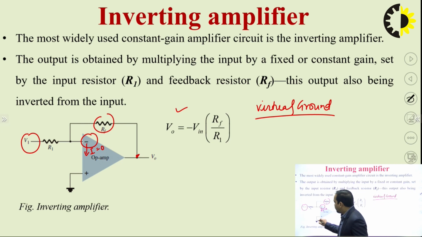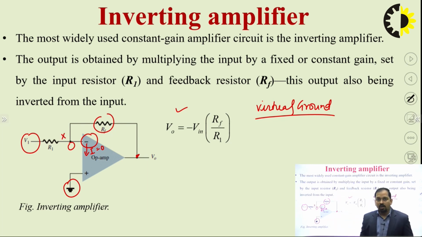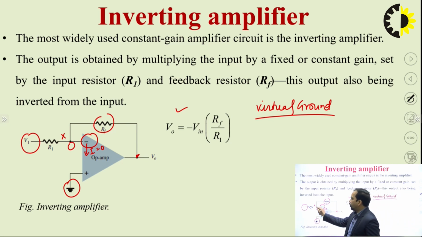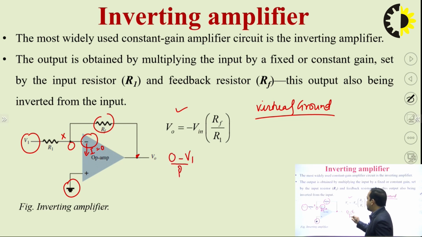So if this is connected to ground, we can say that using virtual ground, the potential at X is also 0. After that, if we apply KCL at this particular node X, we have (0 minus V1) divided by R1 plus (0 minus V0) divided by RF, and we have seen that no current enters the input terminal of the OPAMP.